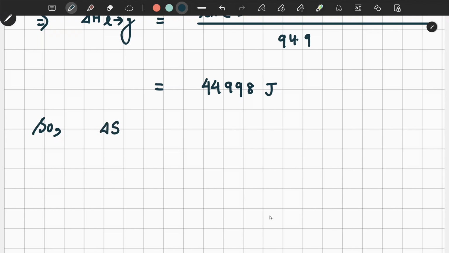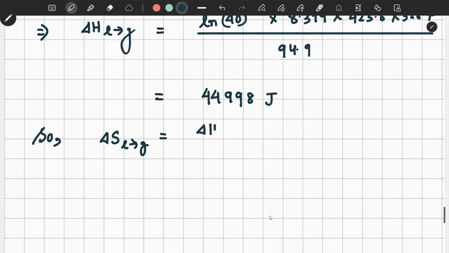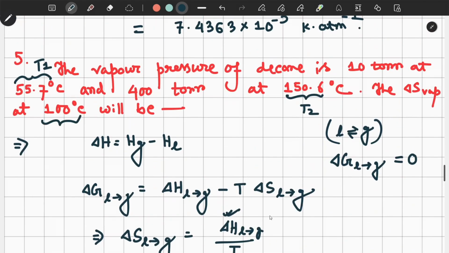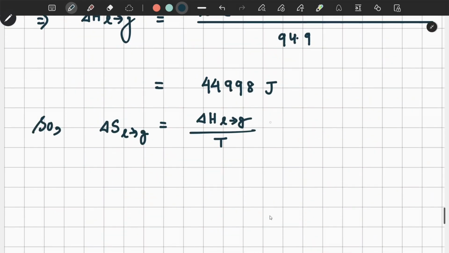So delta S will be this divided by T. What is the T they have asked? 373 Kelvin. So delta S is 120.638.